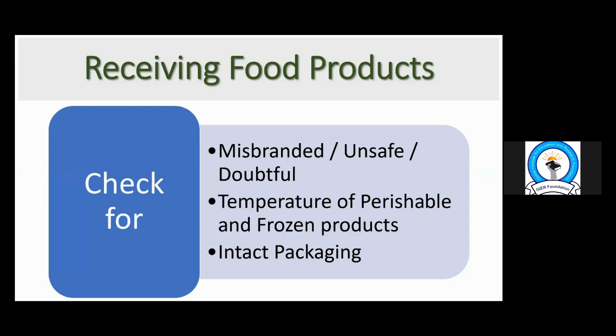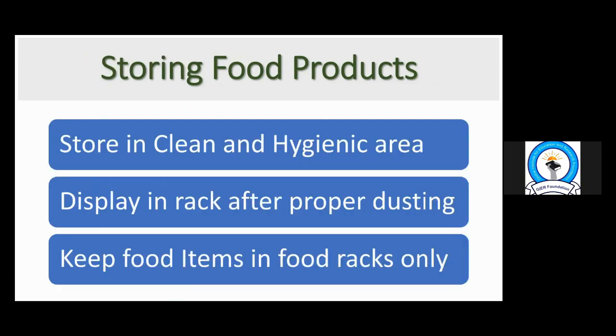Then temperature of perishable item. If you are receiving fish, fish should be received in ice most of the time and should be near 1 or 2 or 3 degrees centigrade. It should be definitely below 5 degrees centigrade. If you are receiving any frozen item like frozen chicken, frozen peas or anything, it should be at minus 18 degrees centigrade.